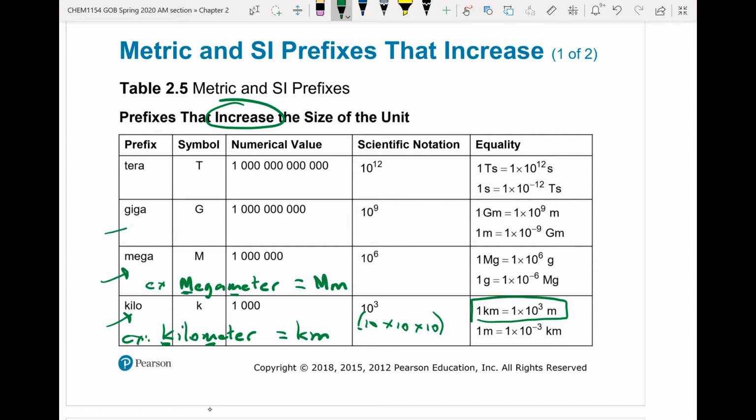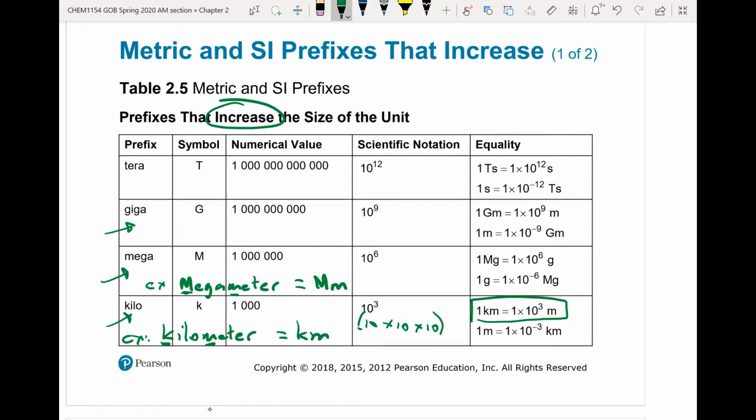And then the third one that we're going to have you be responsible for is giga. Has anybody heard giga before? Where have you heard the term giga? Phones? It's storage, gigabyte, whatever. So giga, which has the symbol big G, means a billion, or 1 times 10 to the 9.